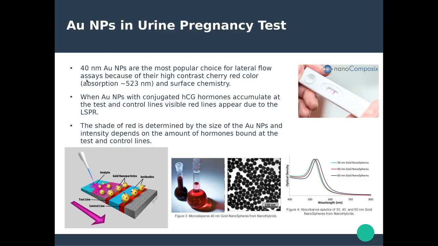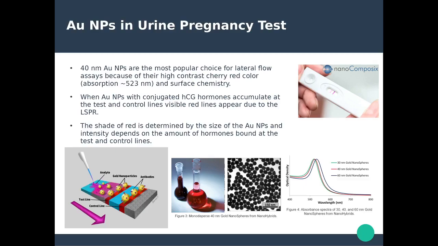That's popular because they exhibit a plasmon resonance, which gives a very distinct cherry red color. You can visualize this very easily, and the idea is that you have those nanoparticles sitting on this strip. You place the urine sample here, and then eventually you have binding events of the hormones you want to detect on the nanoparticles.